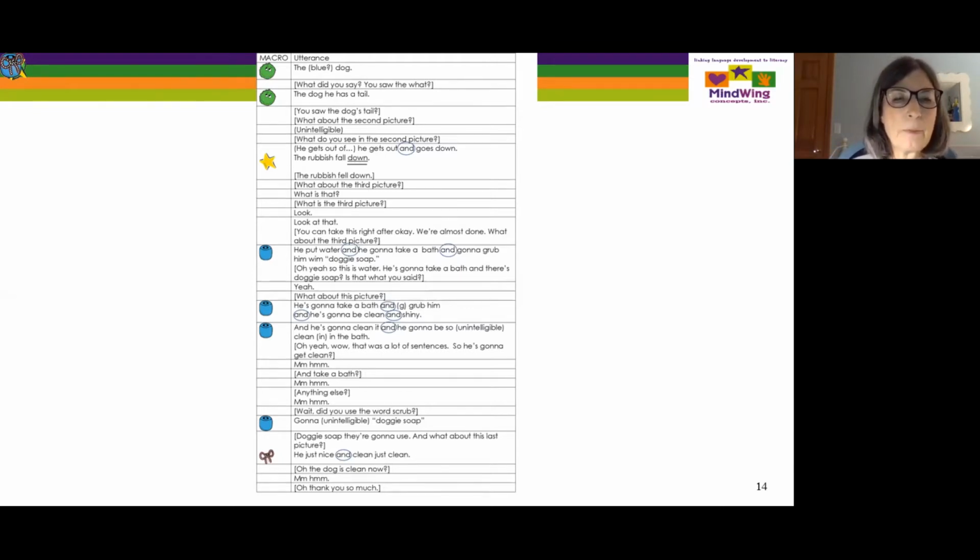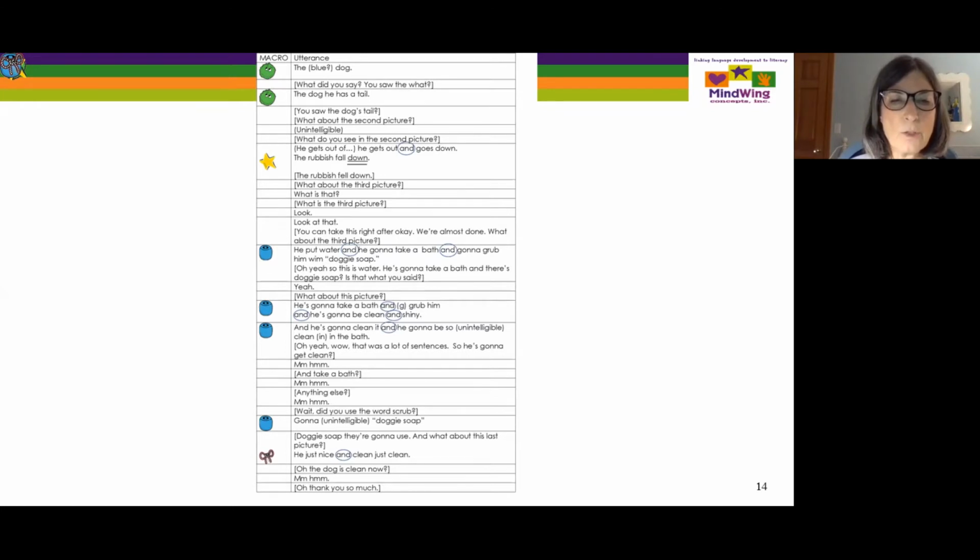And separating out, so each utterance goes in its own box. And then if the teacher's utterance goes in the second box, whatever she's responding to, teacher utterances are put inside brackets. And if we were unable to understand it, we just wrote unintelligible. And in addition to putting the macro structure down the left-hand side, I use a coding system that we used at the Curtis Blake Day School.